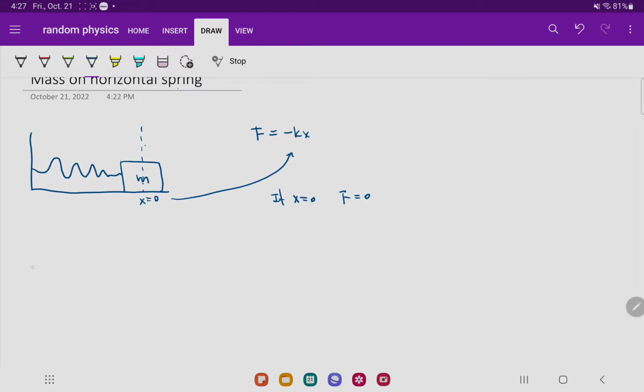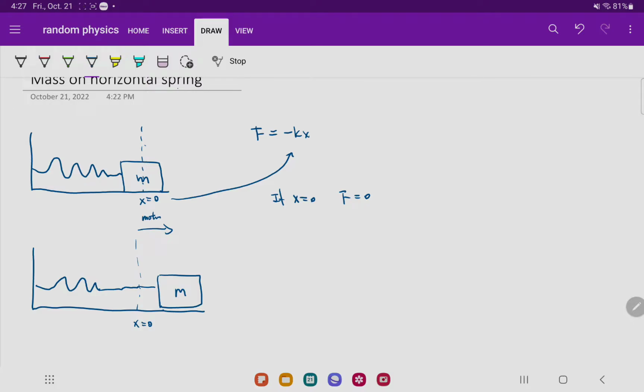Now we look at another scenario. Let's say we pull the spring a little bit forward. The mass is just here, and the equilibrium position is about here, right? Now you can see the reason why the force of a spring is negative. When you pull the spring like this, this is the direction of motion.